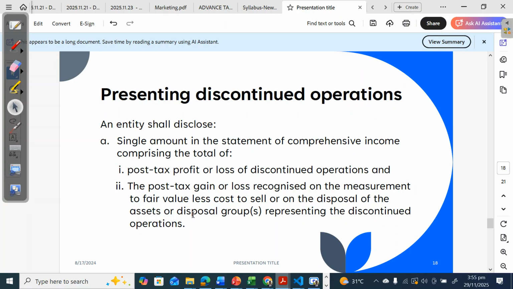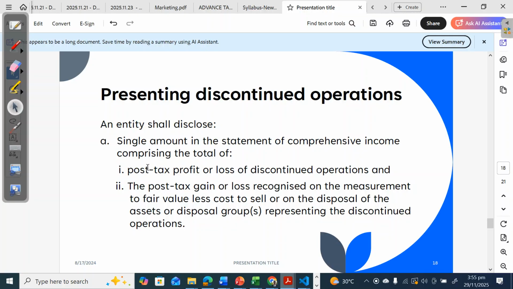So we have to prepare the post-tax profit or loss of the discontinued operation, and any post-tax gain or loss on the measurement to fair value less costs to sell of the disposal group.